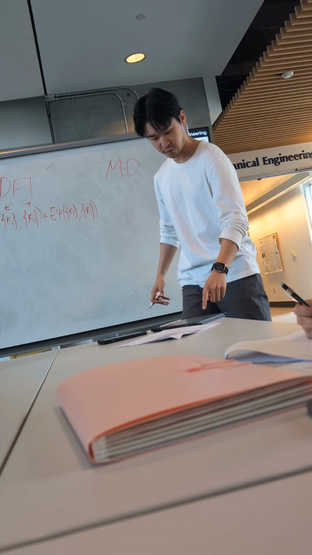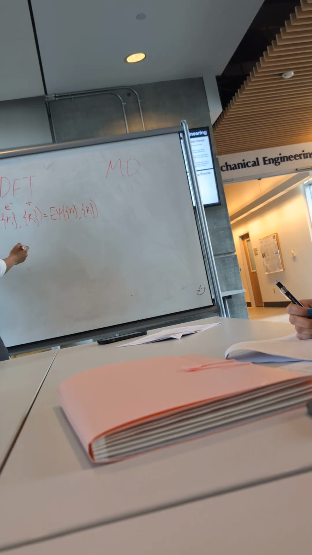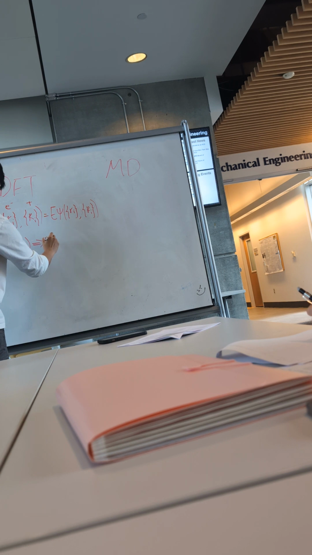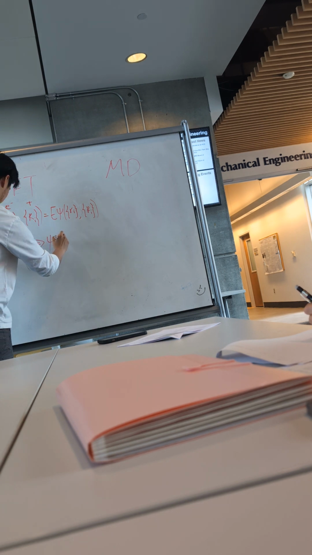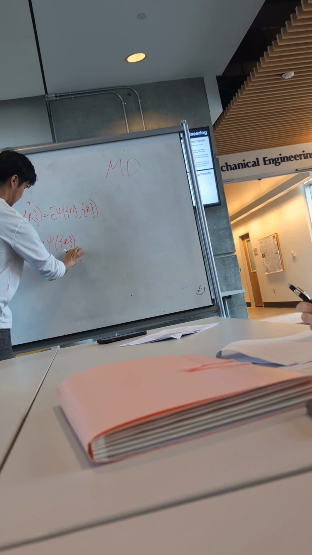So from that, we could separate this equation into two parts, the nucleus and the electron.